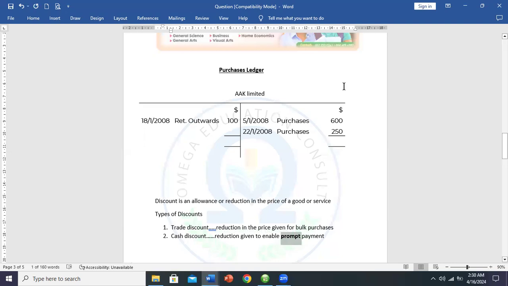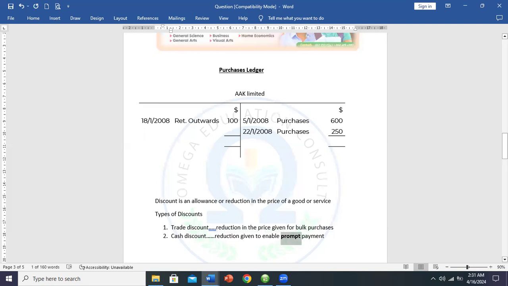There are some people, we normally call them the abochi, when they come, they say, oh, cash is 100 cedis, but if you pay later, 150. So they are giving you a reduction of 50 if you pay promptly, on time, or quickly. If you pay today, it's 5 cedis. If you pay tomorrow, it's 10 cedis, right? So if you want to enjoy the reduction, you pay promptly, you pay on time. And that is cash discount.